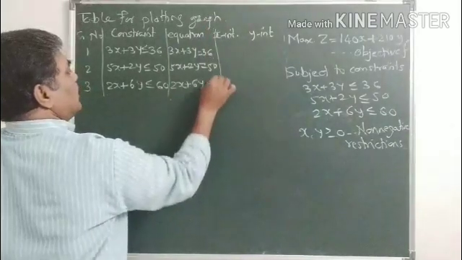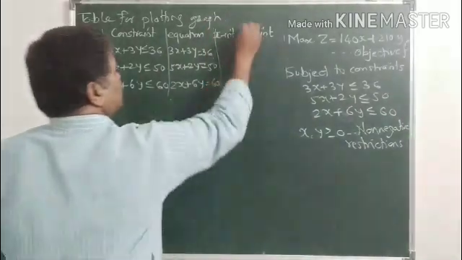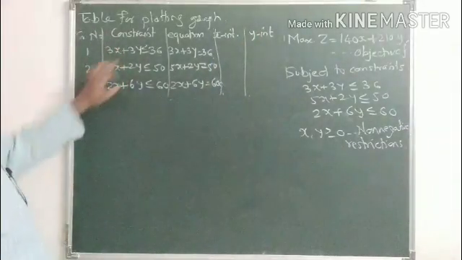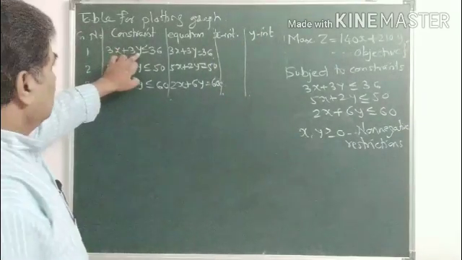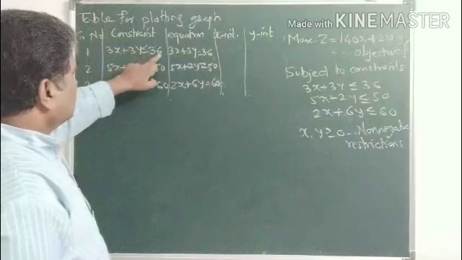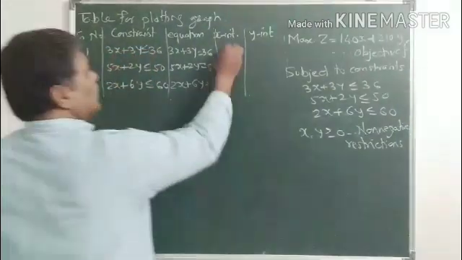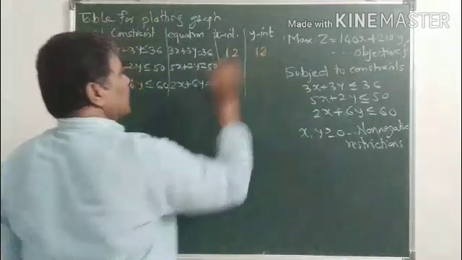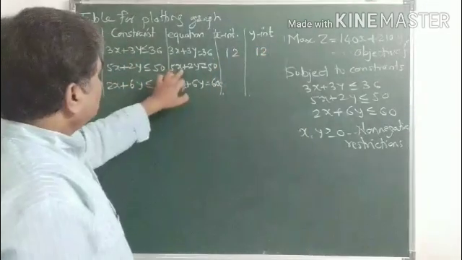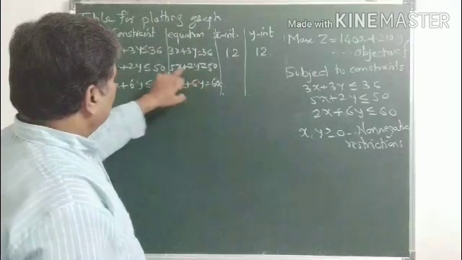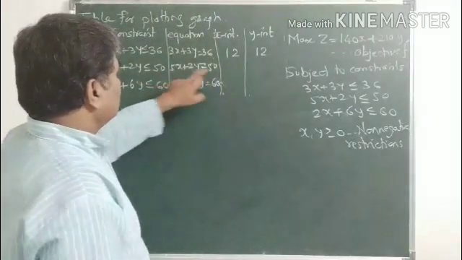For the x-intercept, what I said, put y equal to 0. Then 3x is equal to 36, x is equal to 36 upon 3, that is 12. Similarly, the y-intercept is 12. For the second one, y equal to 0, 5x is 50, x is equal to 10.